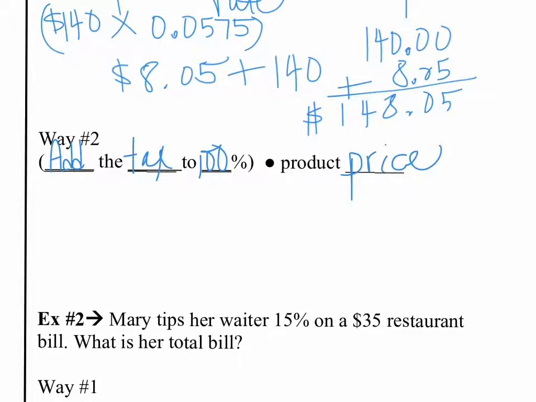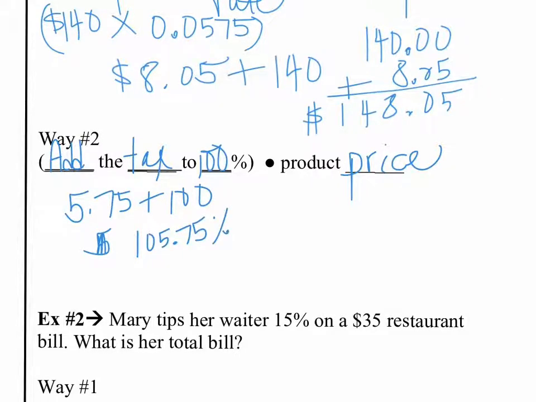The sales tax percentage 5 7/75 plus 100 equals 105 7/75%, change to a decimal would be 1 and 575 ten-thousandths times the product price of $140.